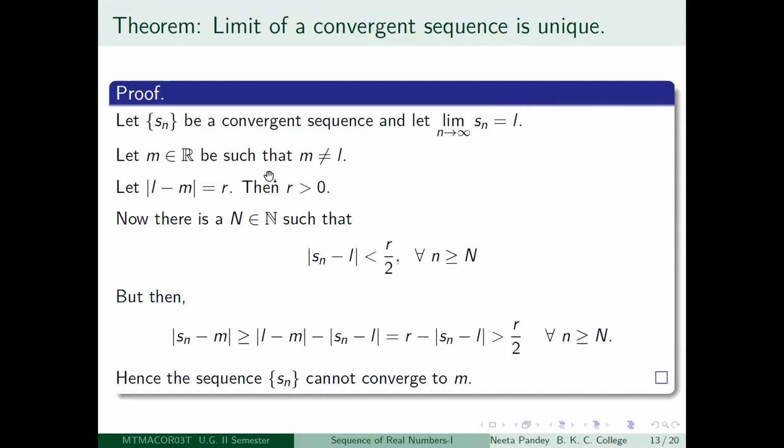Okay, so I have taken any real number m which is different from L, m not equal to L. Then the distance between L and m, that is modulus of L minus m, is going to be a positive number.